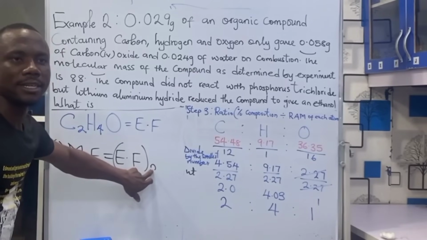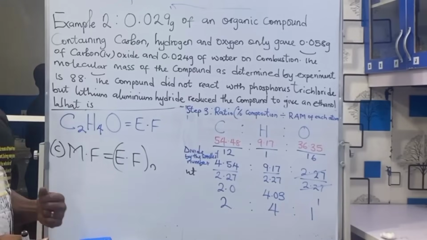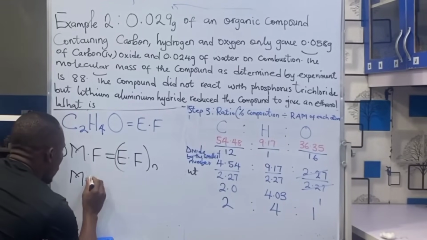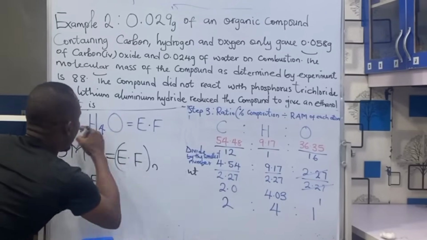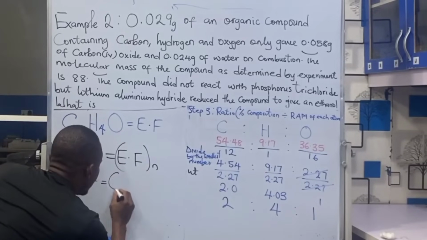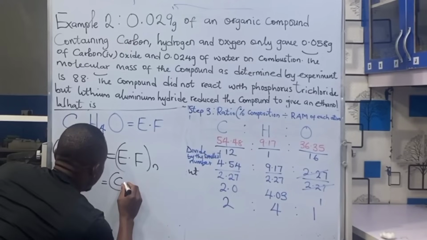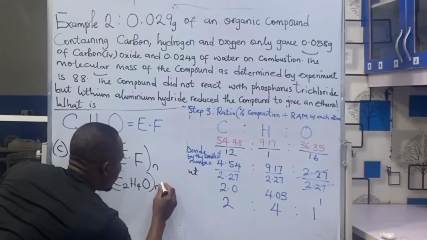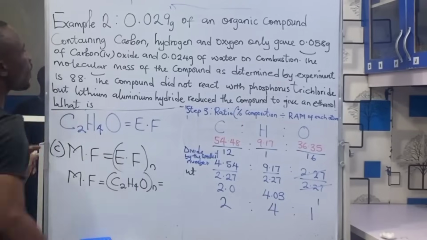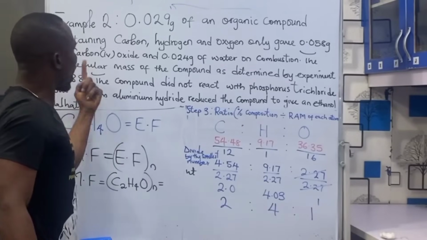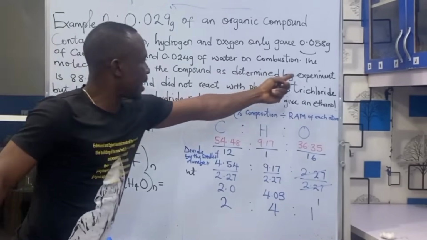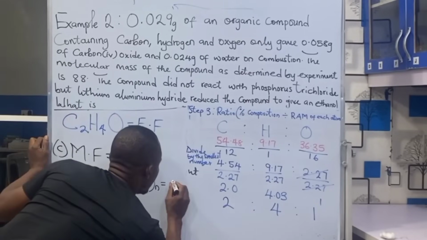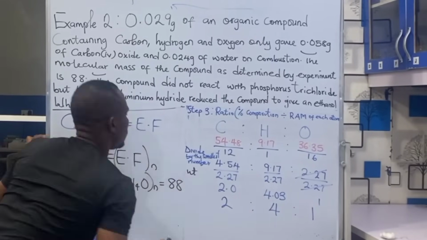We don't have our n. We can find n. So how do we get that? N.F. will be equal to the empirical formula, C2H4O bracket n, which is equal to the molecular mass of the compound, which by experiment was determined to be 88. So this whole thing will be equal to 88.